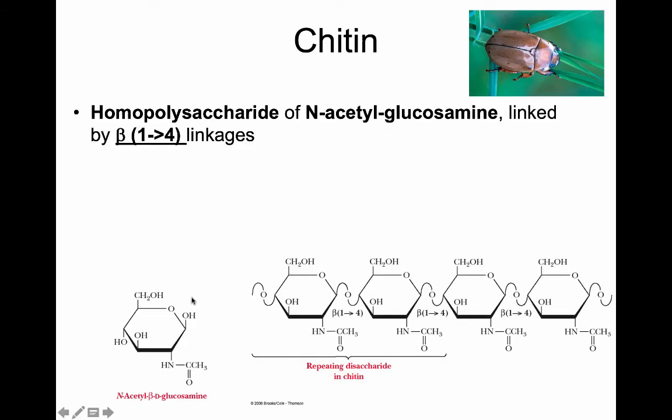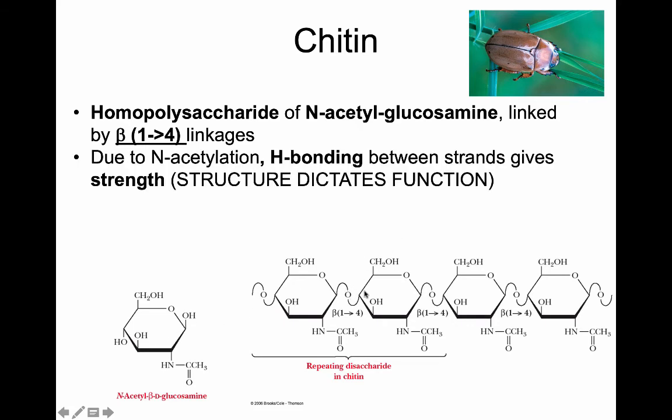It's N-acetylglucosamine, so you have an acetyl group attached to the glucose residue that's then linked by these beta 1,4 glycosidic linkages. That N-acetylation modification is very important in the actual structure of chitin.